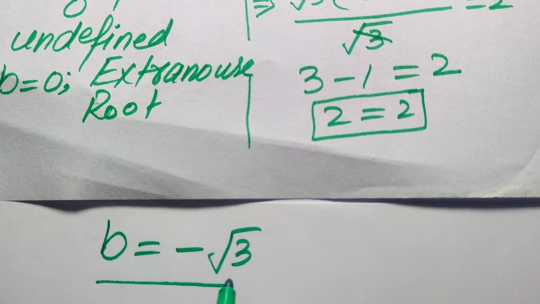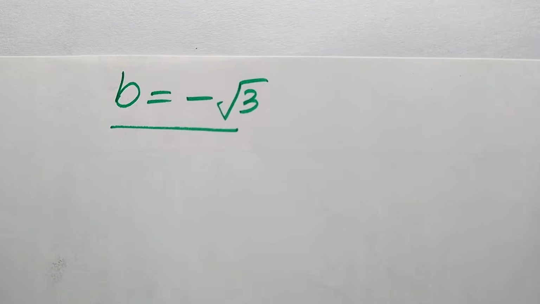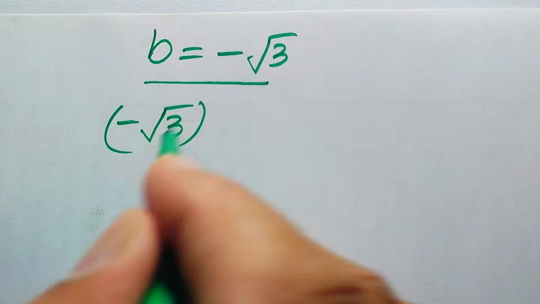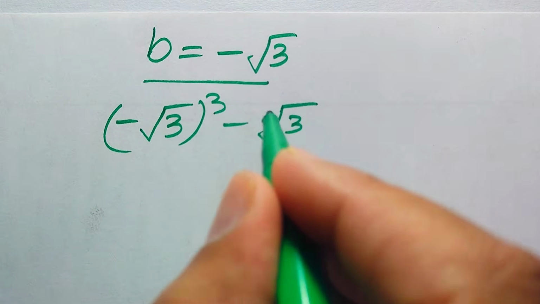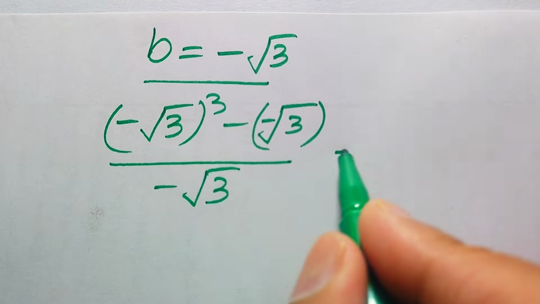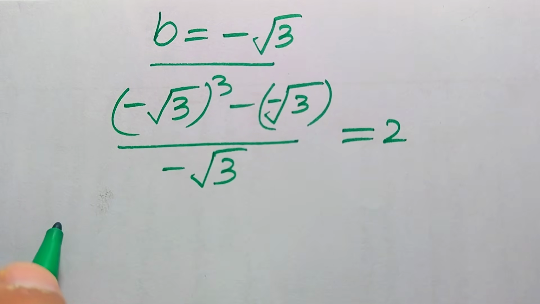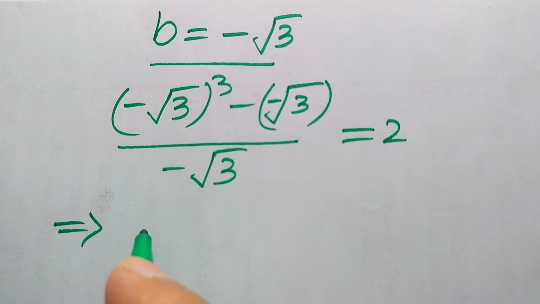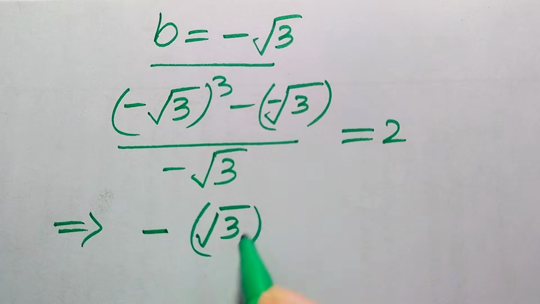So we put b equals minus square root of 3 on both sides of the given question. After substituting this, it is written as (minus square root of 3) whole cubed minus (minus square root of 3) divided by minus square root of 3, equals 2. We know that when we apply a cube on a negative term, it becomes negative, so this is written as minus (square root of 3) whole cubed.